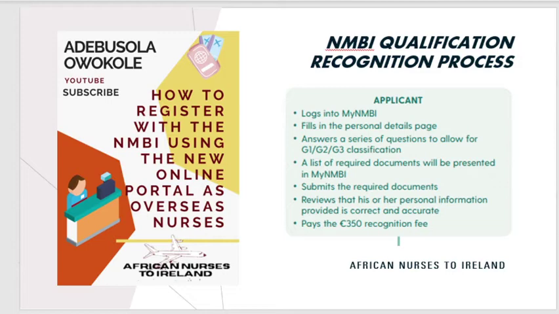So a list of required documents is going to be presented in my NMBI for you to upload, something like your transcripts of training, a verification letter from your nursing board in your country, and other things that you need to do as well. The list of documents will be presented to you. There's a different list for group 1, another list for group 2, and a different list for group 3.